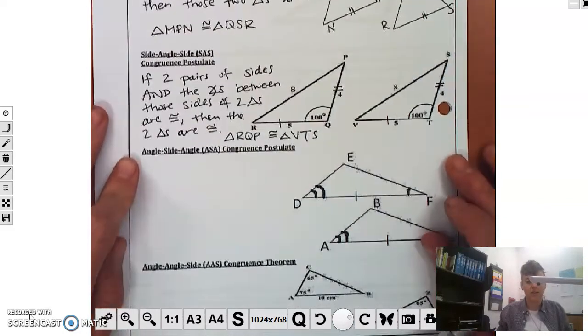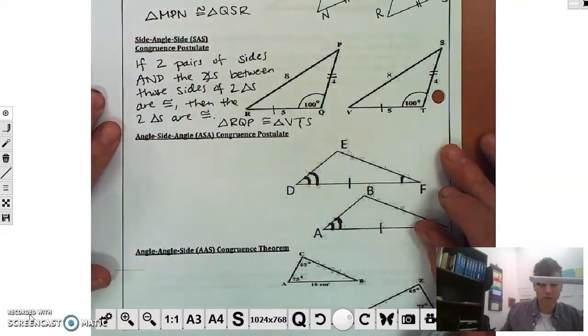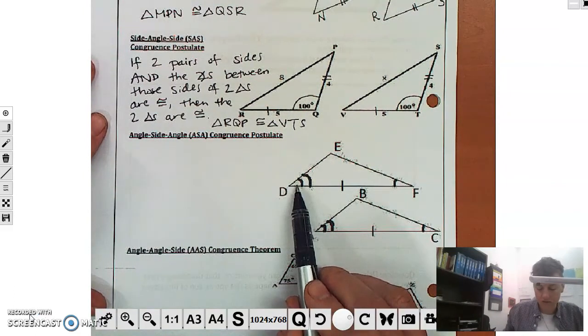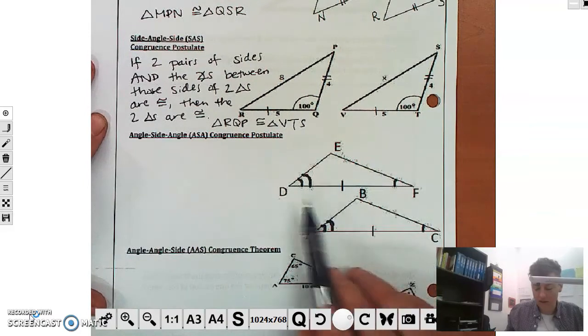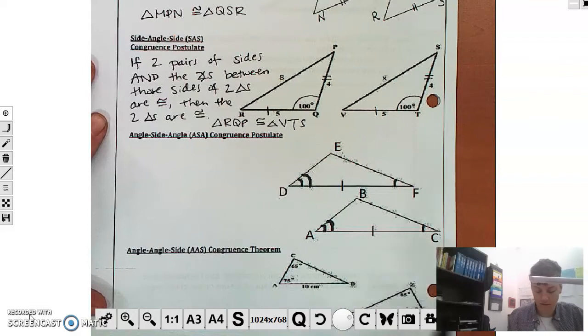Now we have angle-side-angle. Really similar to side-angle-side, but like backwards. So we've got angles that are congruent, and the side between those 2 angles congruent.